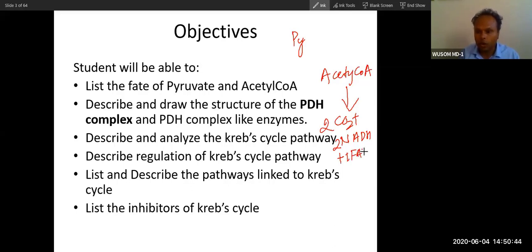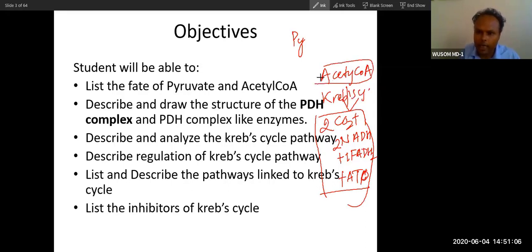Remember this. And plus 1 ATP, in the form of GTP. So this is the result of Krebs cycle. It's easy to understand.